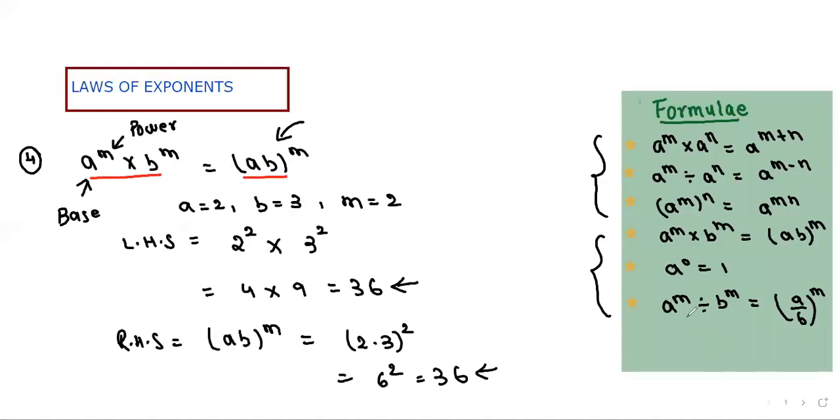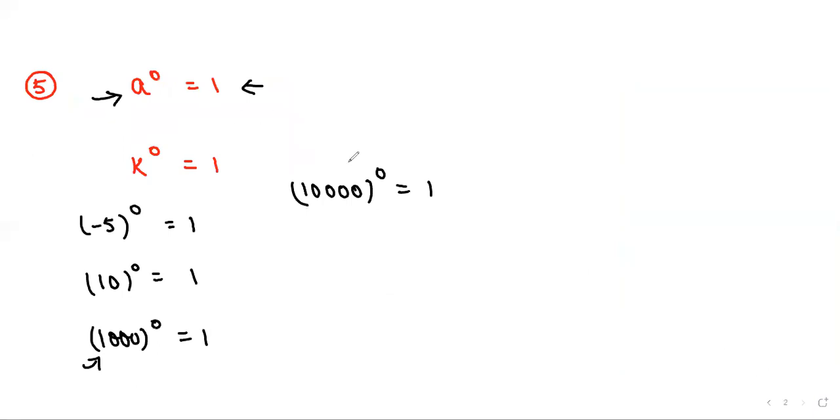Now let us talk about the sixth property. In the sixth property, we can see that a raised to m divided by b raised to m is equal to a divided by b raised to whole m. Let us write down this property. In the sixth one, we have a raised to m divided by b raised to m, so this will be equal to a divided by b and then raised to whole m.